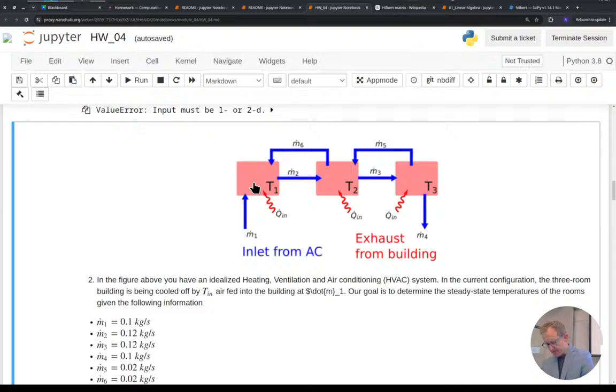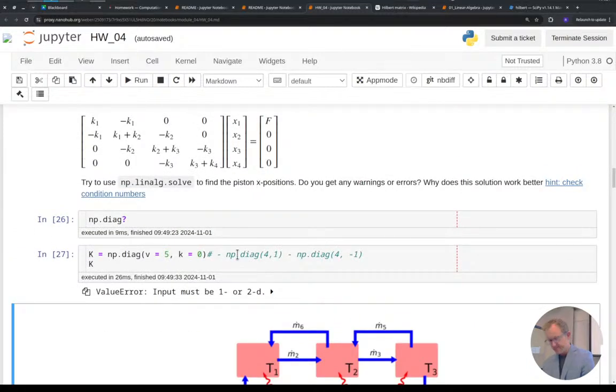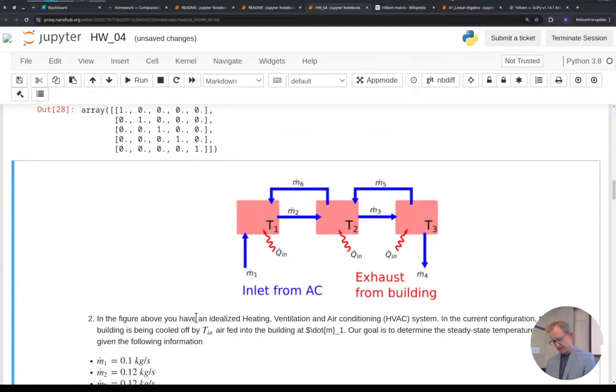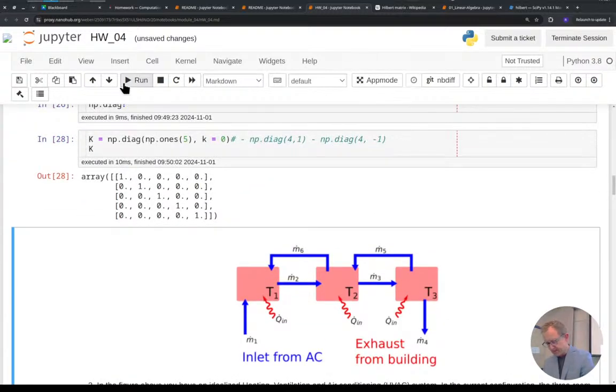What am I doing wrong there? Does anybody else know? To get a diagonal matrix? No? It should have the empty dot diagonal, empty dot 1 is 5. But can I just give it the shape? I don't know. I thought I could just say... Alright, yeah, I can do that.